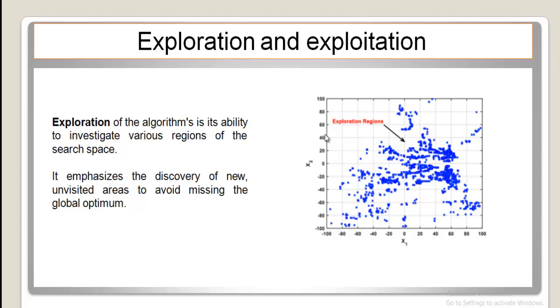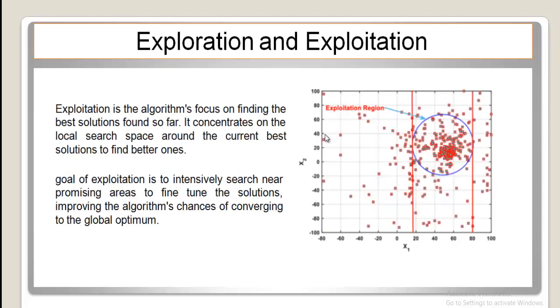Now I'm going to talk about exploitation. Exploitation is a critical mechanism of our metaheuristic algorithm. Here we shift our focus from the broad landscape of potential solutions to a more targeted approach. Exploitation is all about finding the best solution among those we have discovered so far. So the goal is not just finding a good one, but finding the best solution.